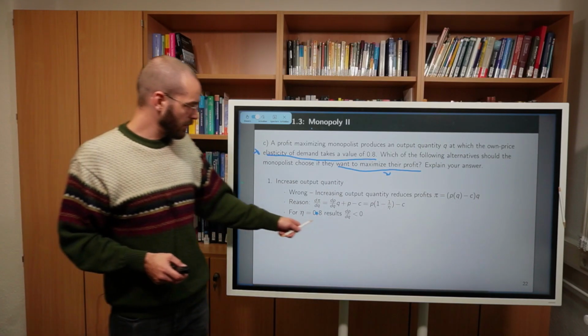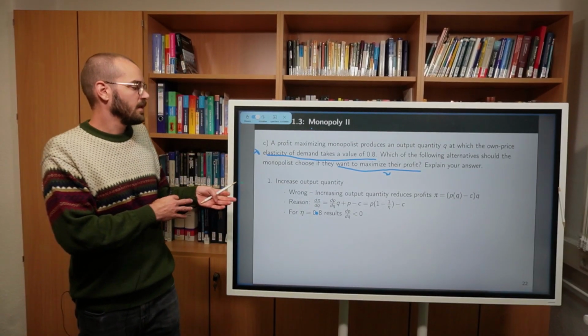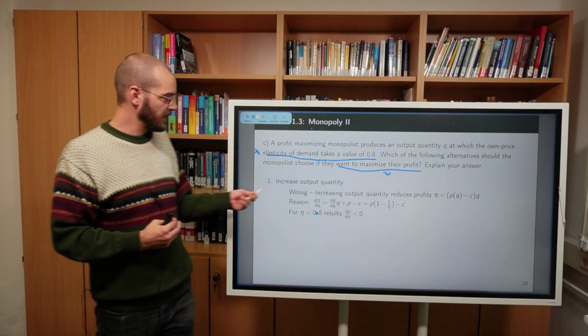So we know that in this particular scenario, profits of the monopolist would actually decrease in case they increase output quantity.